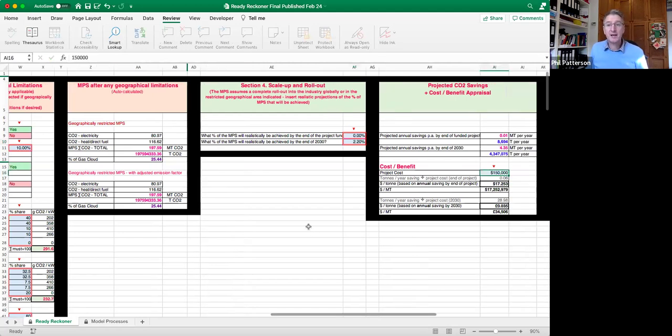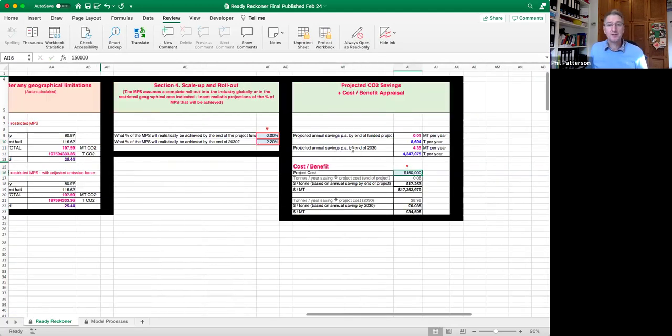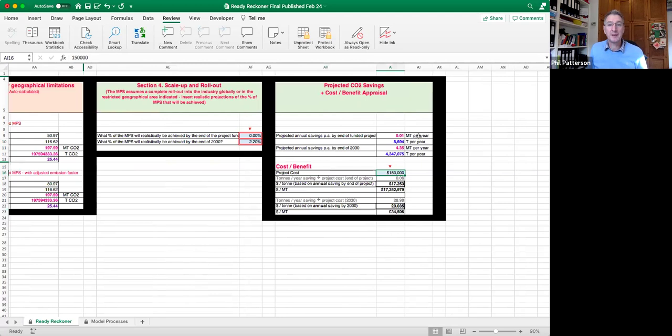So that then calculates through to figures of 0.01 megatons per year at the end of the funded project, and the projected savings by 2030 are 4.35 megatons per year, which is pretty significant. So we can see here how we can use the Ready Reckoner to look at circularity and materials reuse by looking at where the benefits are delivered.